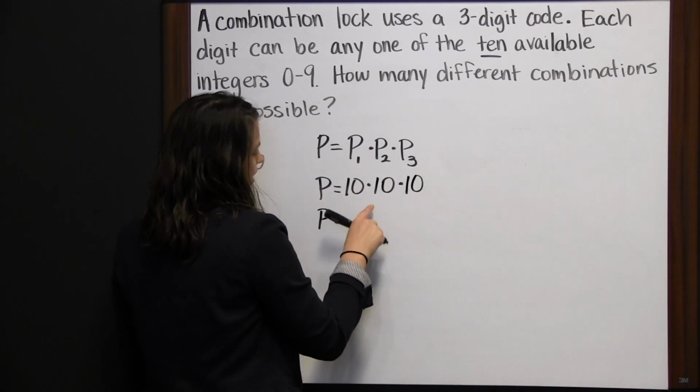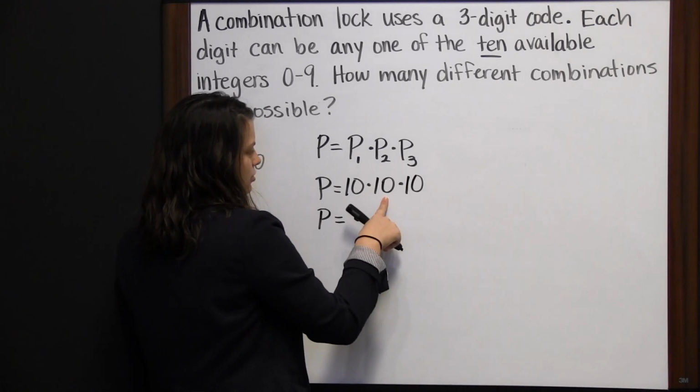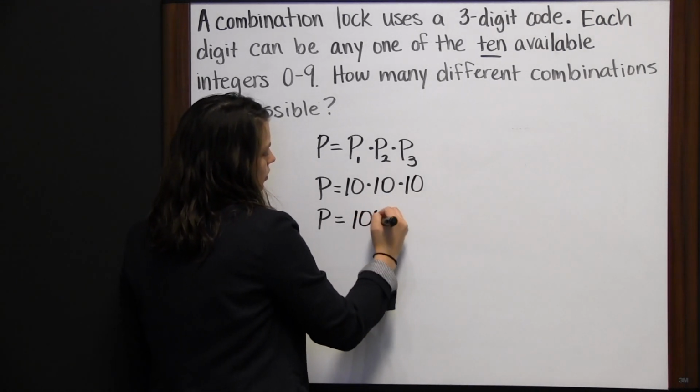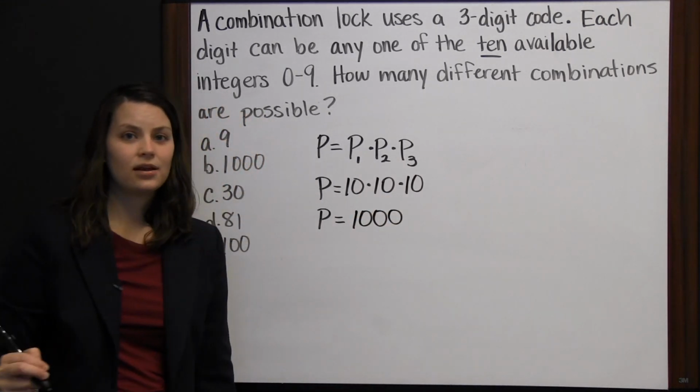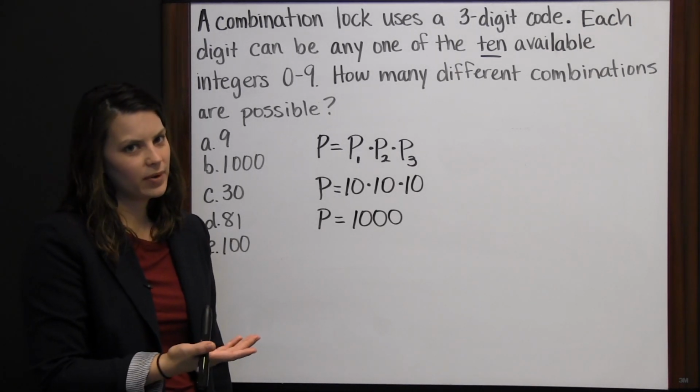So the possible outcomes is 10 times 10, which is 100, times 10, which is 1,000 possible outcomes. This is the quicker way to do it.